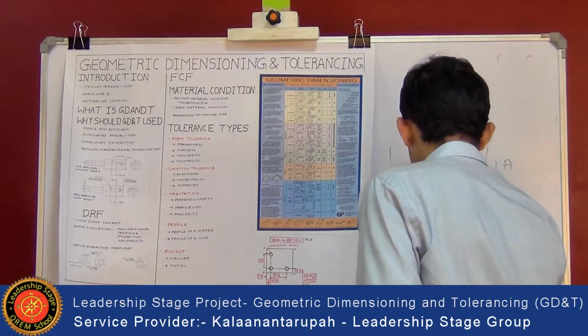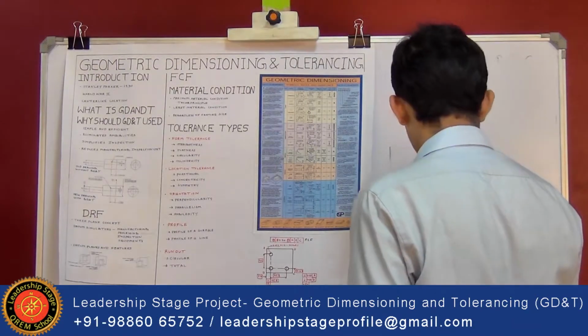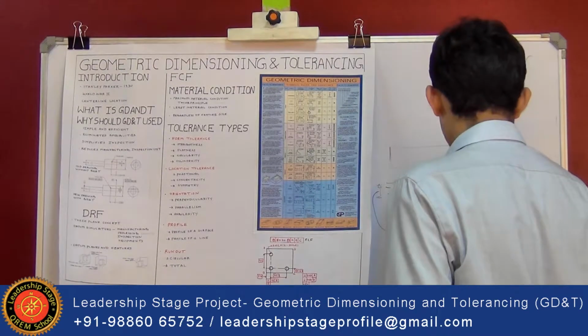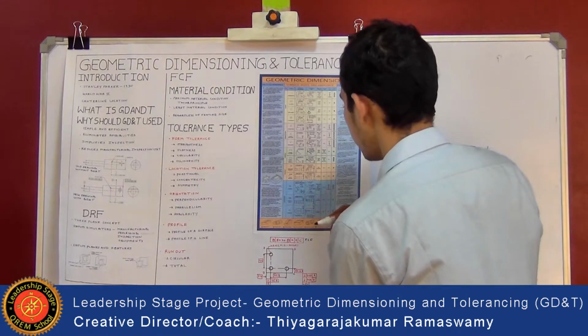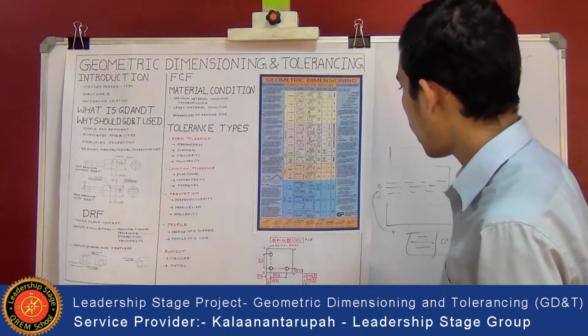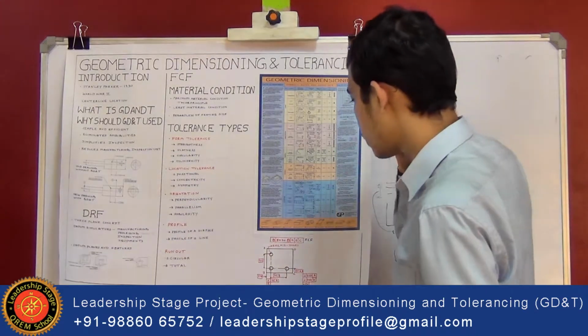That is first symmetry, as it says symmetry tolerance, and then the tolerance. Here no material condition is applied. Then datum. Here, as the surface is perpendicular to A, it is mentioned. Here it is always RFS, because no material condition is considered in concentricity and symmetry.